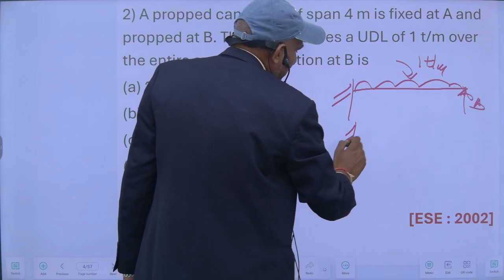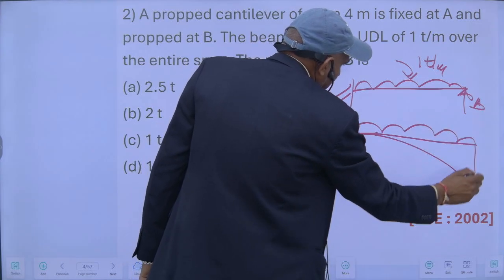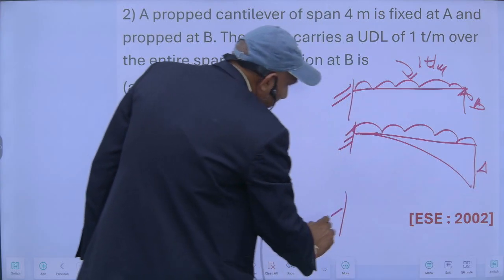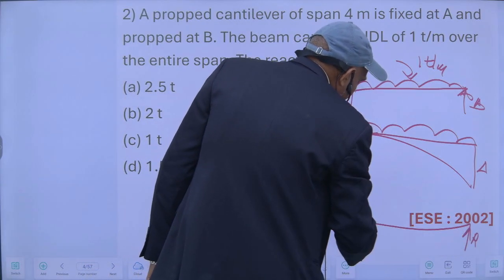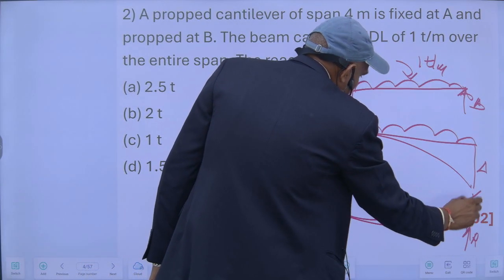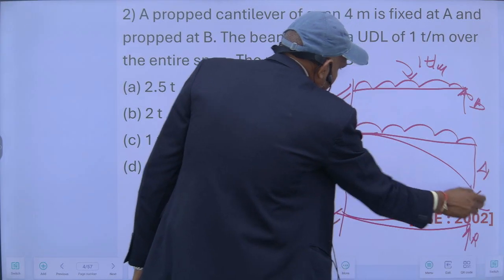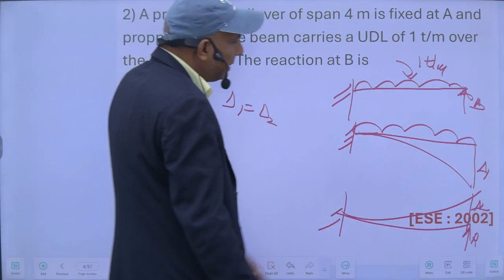So whatever deflection occurs because of this UDL, it will deflect like this. This is delta, and because of this prop, it will deflect like this. So this delta 1 is equal to delta 2, so that the net deflection at this point is 0.